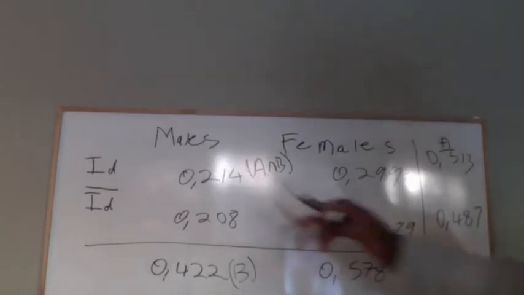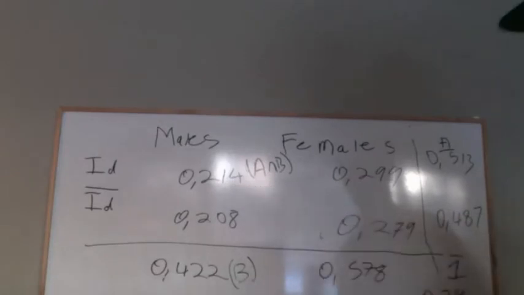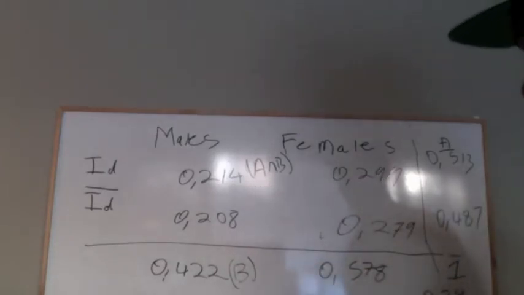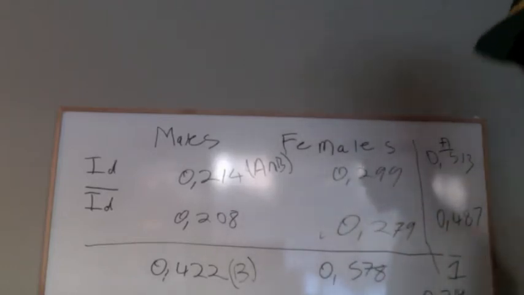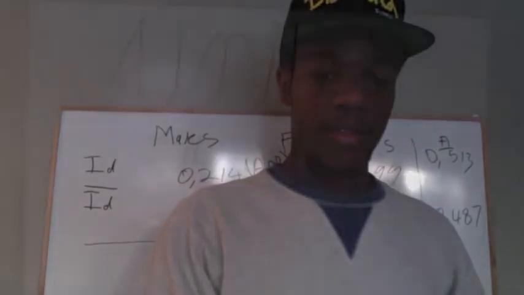The way I got that is I took the probability of A and B and divided it by the probability of B, and that's how I got the final product. And that, ladies and gentlemen, is how it's done.